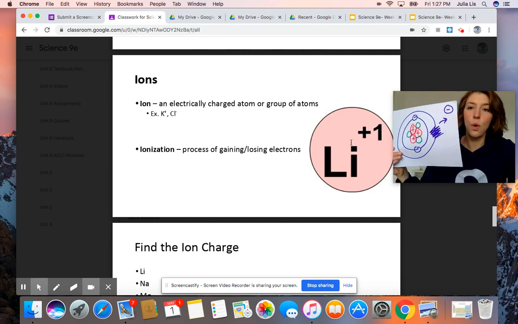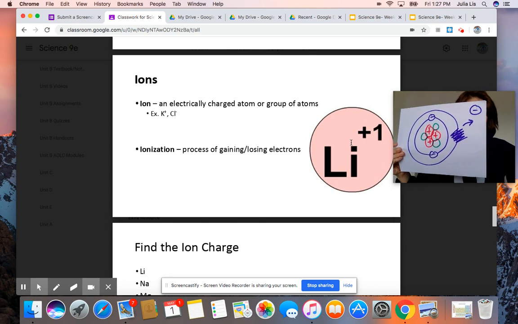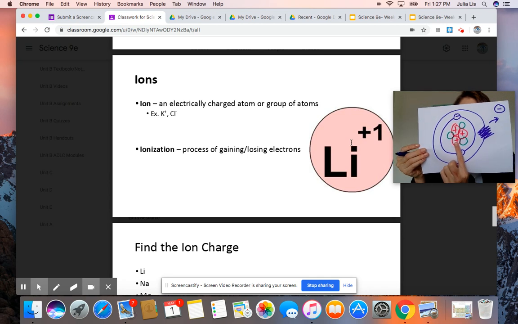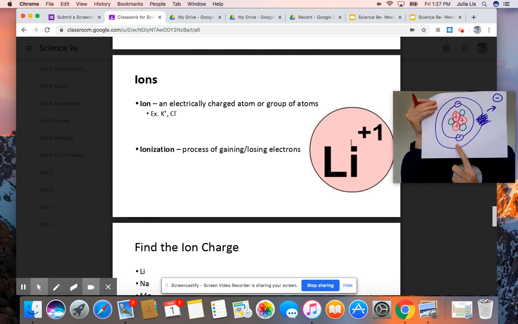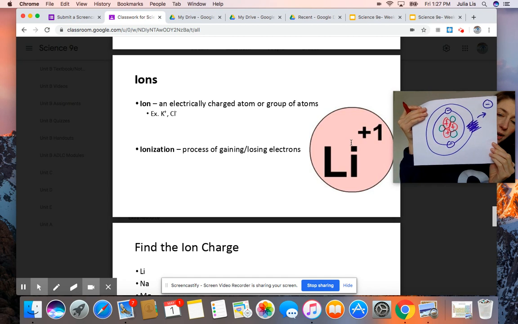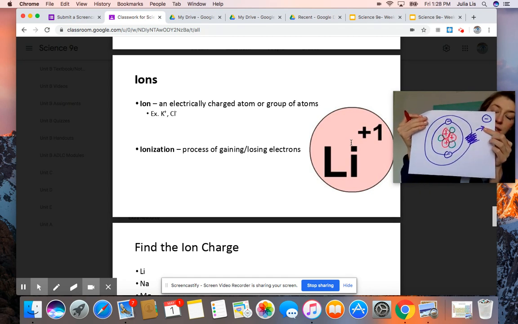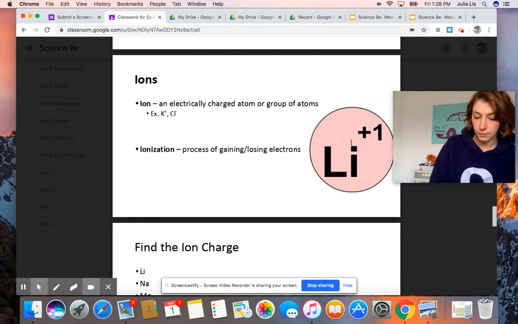Overall, if I look at the charge of lithium and all the subatomic particles and their charges, right now I have 3 protons. Don't worry about the neutrons because they don't have a charge. But if I look at how many electrons there are after lithium's given one away, lithium will only have 2 electrons, 2 minus.